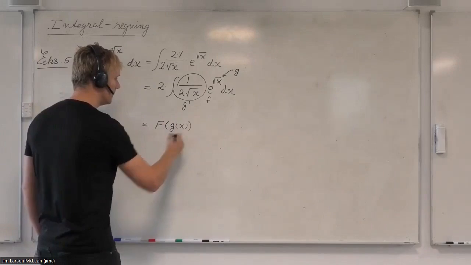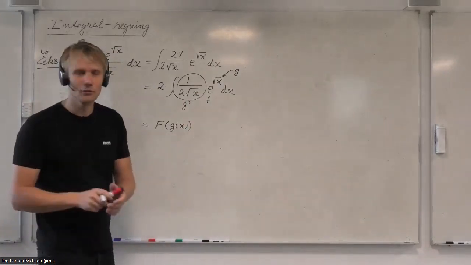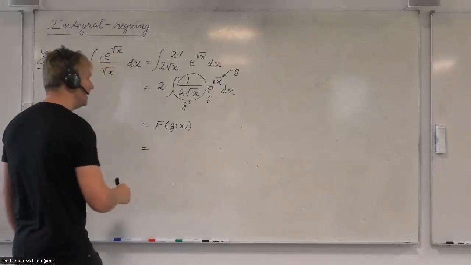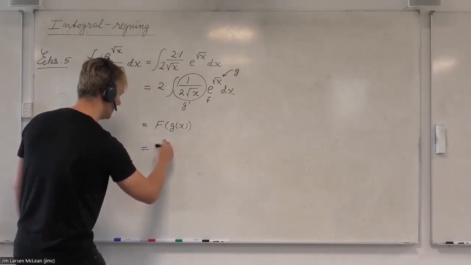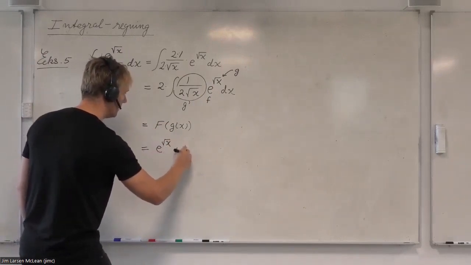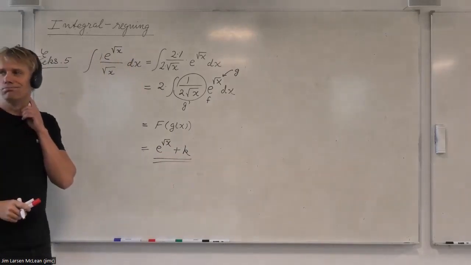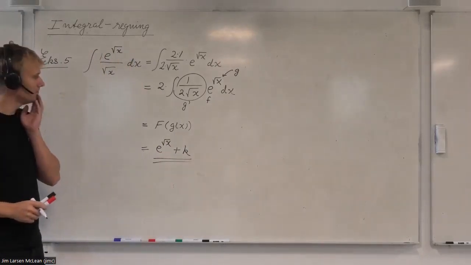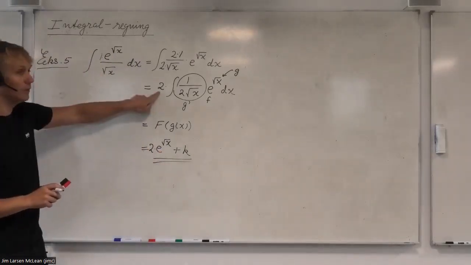Then I'm done. What's the antiderivative of e to something? It's e to something. The same thing as before. So the answer is e to the power of square root of x, plus C, and then we're done. Whoa. Oh, that was strange. I totally forgot there were 2 variables involved, and 2 survives.